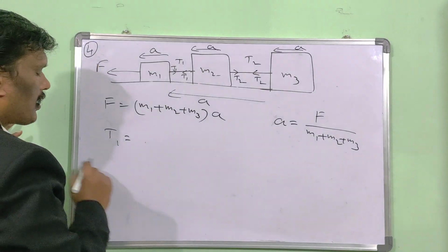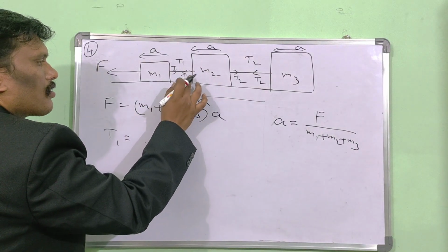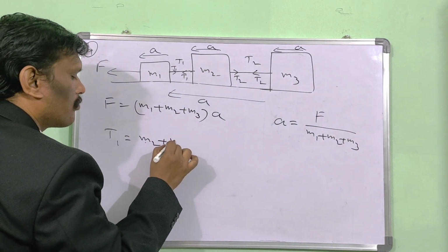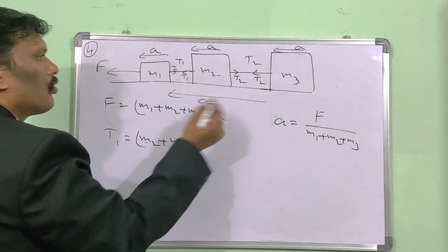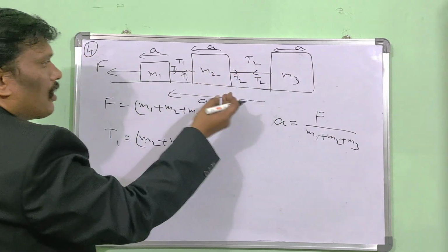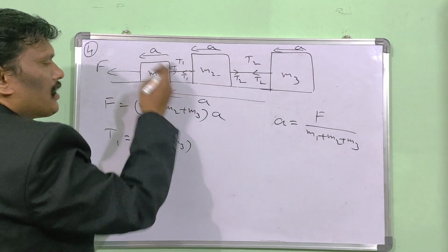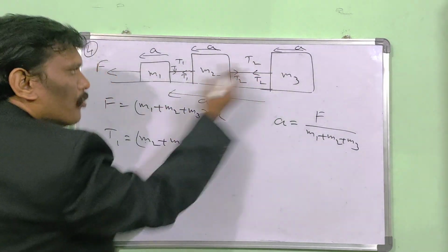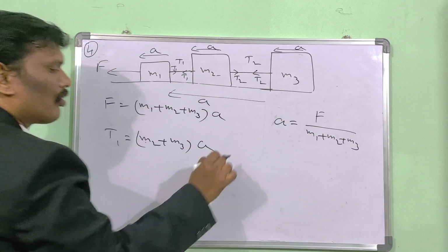So what is the tension? The masses pulled by the tension T1 are M2 plus M3. And with what acceleration? The total system is moving with acceleration A. Each and every body moves with acceleration A. M2 plus M3 combined also move with acceleration A only, no doubt at all.